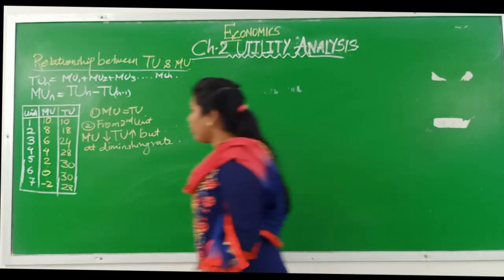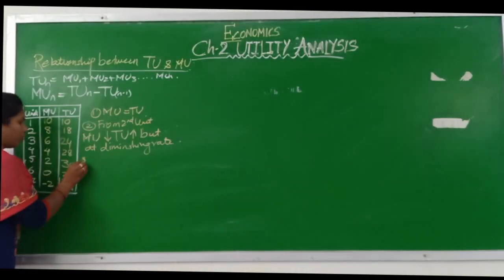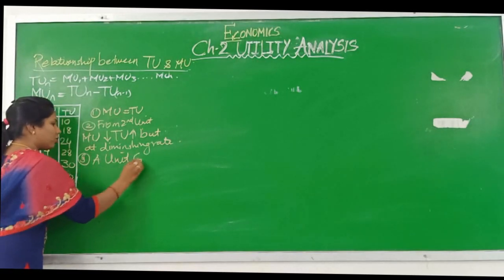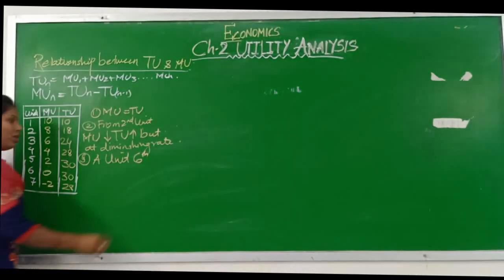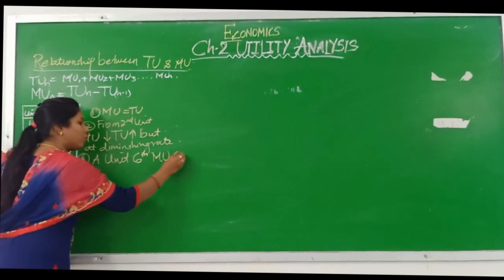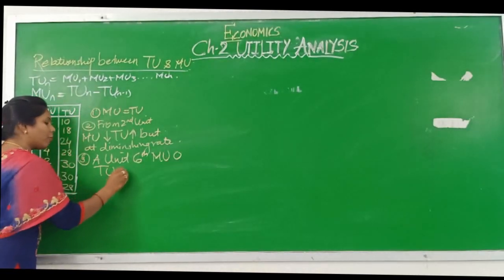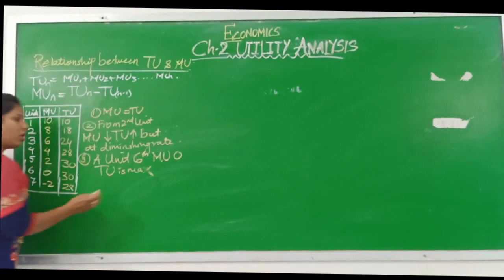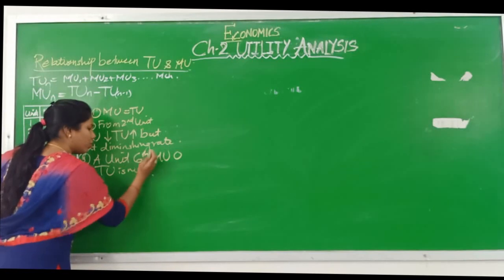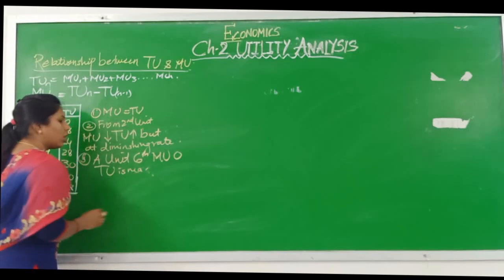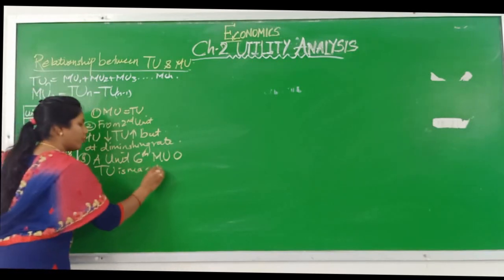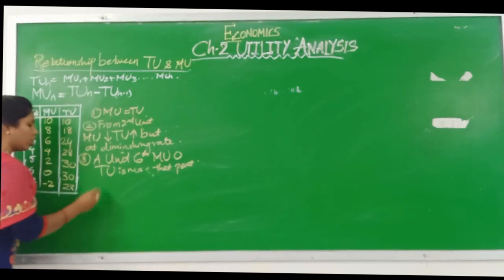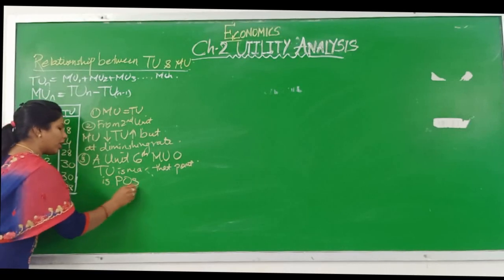That means at unit 6, when MU becomes 0, TU is maximum, and that point is said to be the point of satiety.